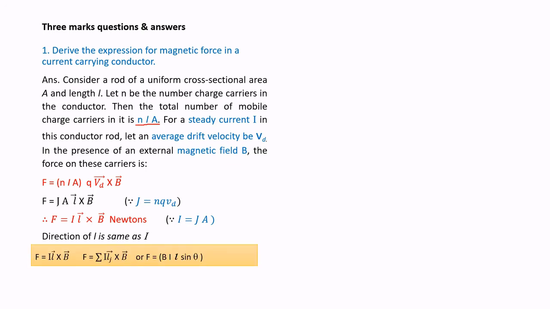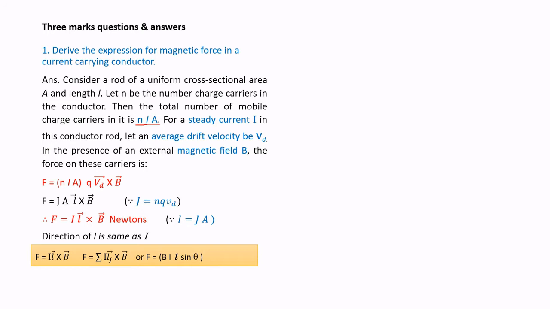So we have expressions for magnetic force in 3 different forms. That is, force due to magnetic field F is equal to I into L cross B. That is one form, the vectorial product, cross product.